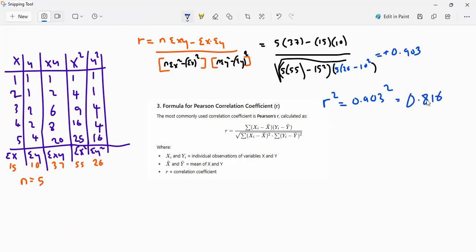This means 81.6% of y is because of x. All right. Is that clear? Just an issue of squaring it.